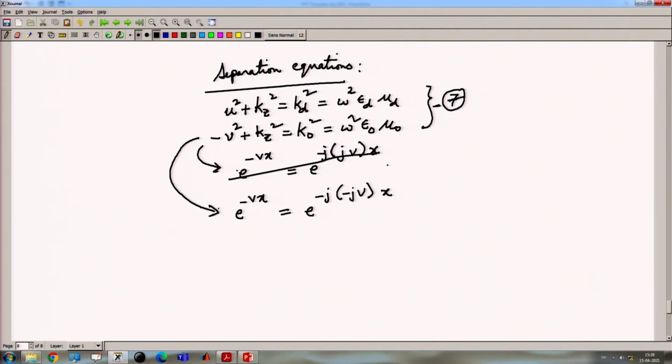Therefore, when we square this eigen number, it is minus j v whole square, so it becomes minus v square. That is how we have the minus v square term here.